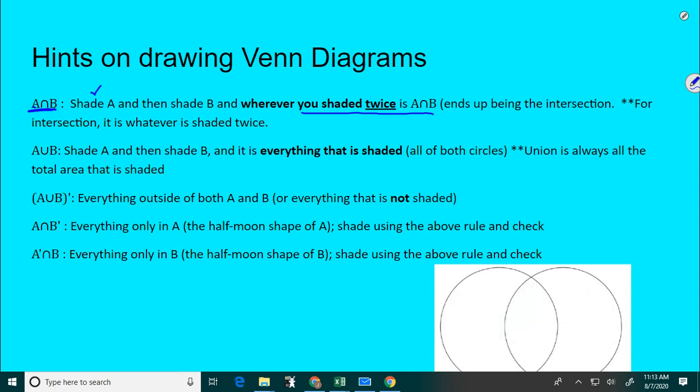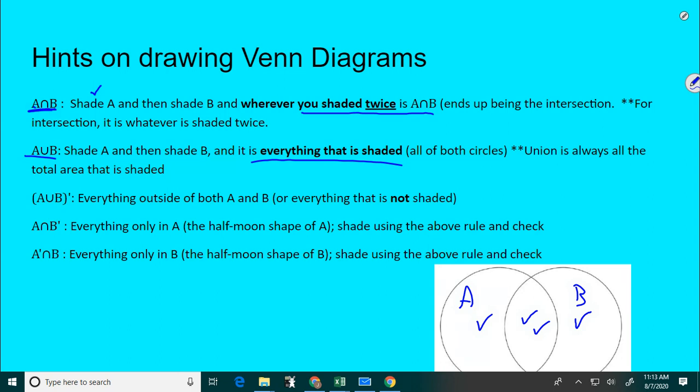Let's start over. We look at the second example. A union B. So again, we'll shade A, we'll shade B, or put a check mark in each of them. So A is there and there. B is there and there. For a union, anything that has a check mark, that's the union. Right? That's what we saw on the last slide, all of those circles.